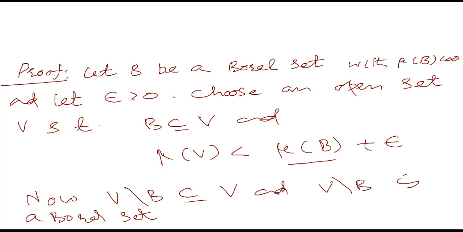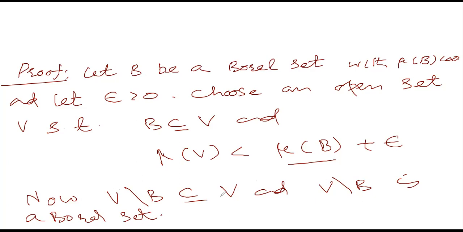Whether finite or not, we don't need finite, but it's a Borel set because V is open, therefore V is Borel, and B is Borel, and the difference of two Borel sets is again a Borel set, as the collection of Borel sets is a sigma algebra and is closed with respect to the difference. Every open set is a Borel set.